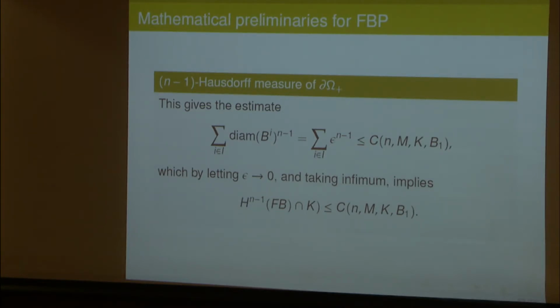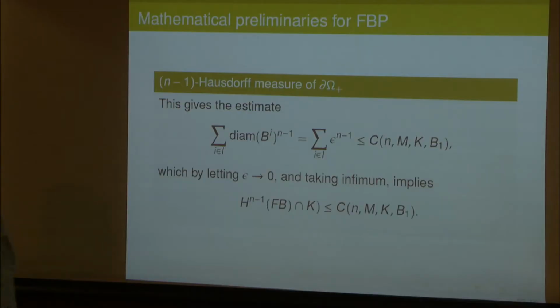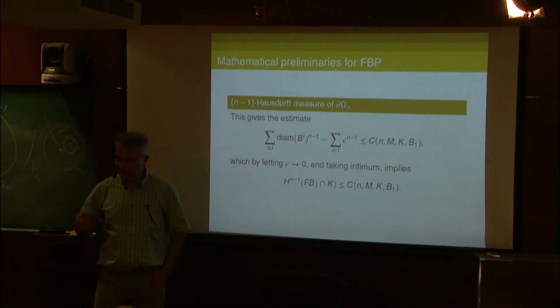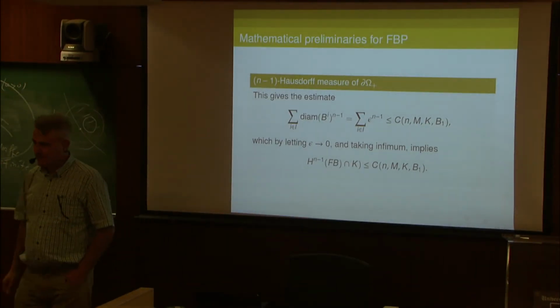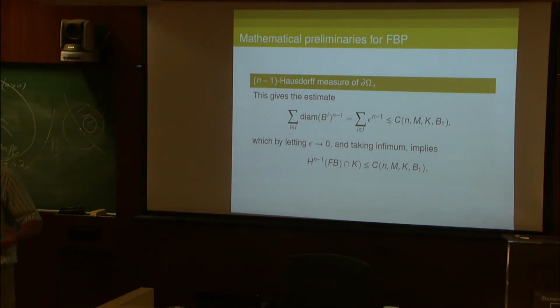So this only says that the (n-1)-dimensional Hausdorff measure is finite. Not only the dimension is finite; the measure is also finite. If you get that the measure is finite, then the dimension is finite.